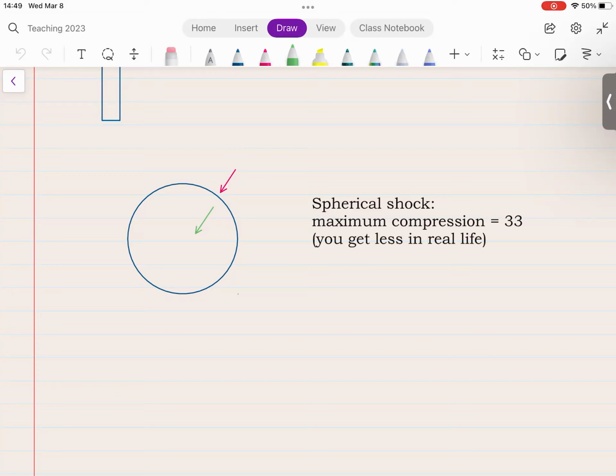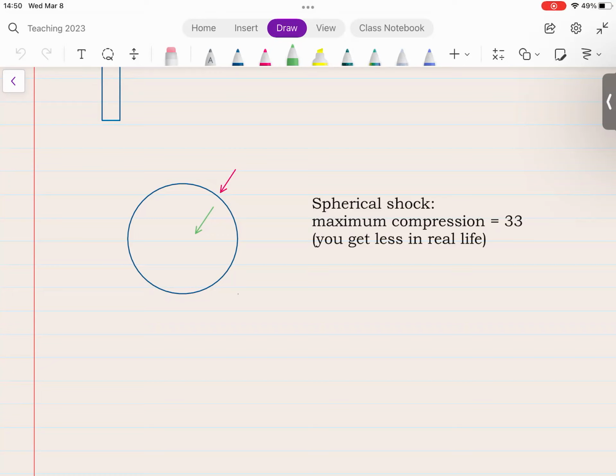You're not going to see such a nice result. This is the ideal case. So it's again the limit case.